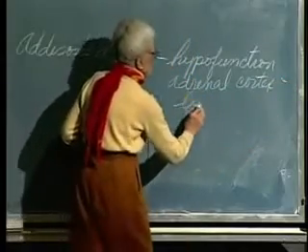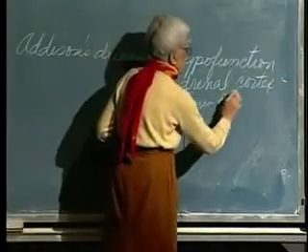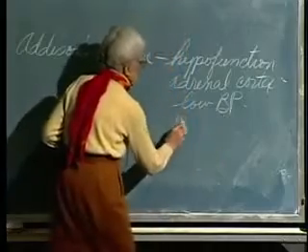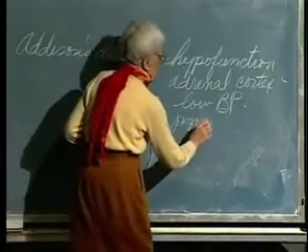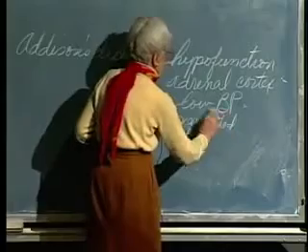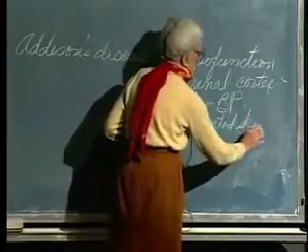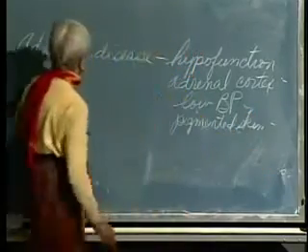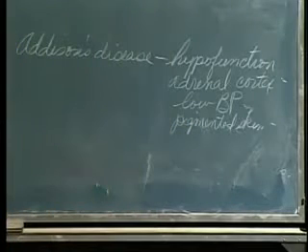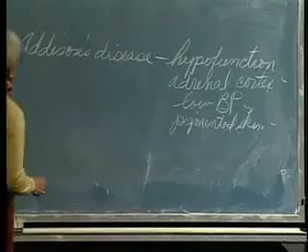Low blood pressure, frequently pigmented skin, and other symptoms. Just so you're familiar with the terms that they're related to abnormalities of the adrenal cortex.